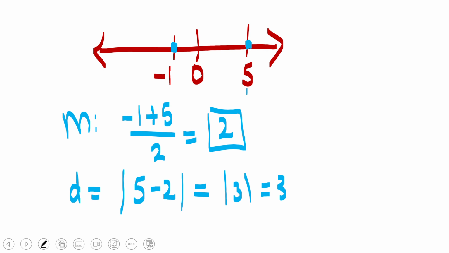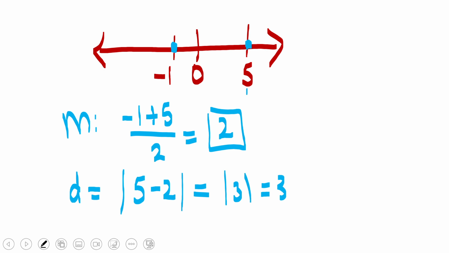All right. So what we did was find the distance from an end point to the midpoint. And that's going to give us our equation.